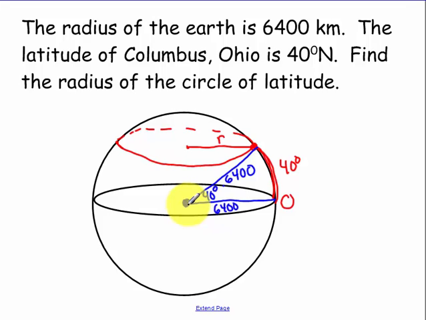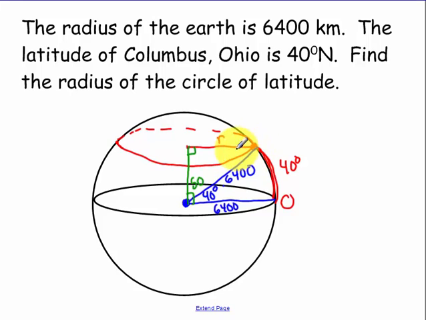From our center up to the radius of our circle of latitude, this is a perpendicular. And this is also perpendicular here. So that means this angle is 50.